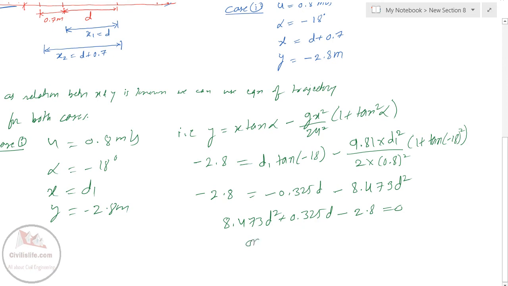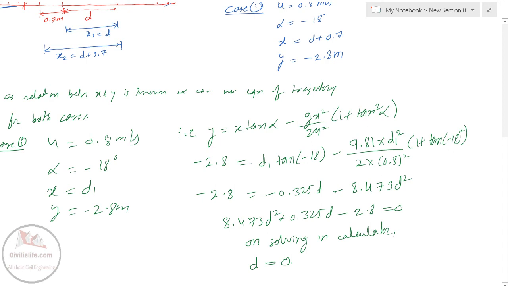Now, solving in the calculator, we get two values because it's an equation of second degree. We have to neglect the value which has the negative sign and consider the positive one.